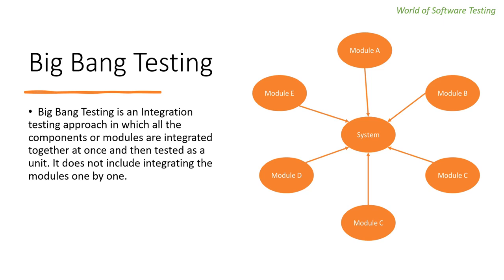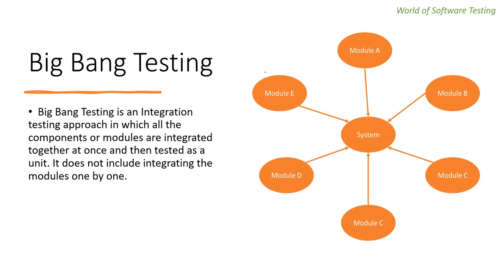If any issue is detected in the completely integrated module, then it becomes very difficult to find out which module has caused the issue, because there are a lot of modules inside any application. If we integrate them all together, it becomes very difficult to find which module caused the issue, right?